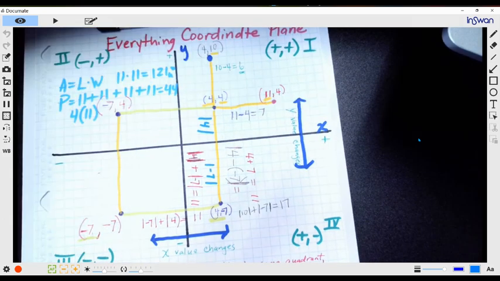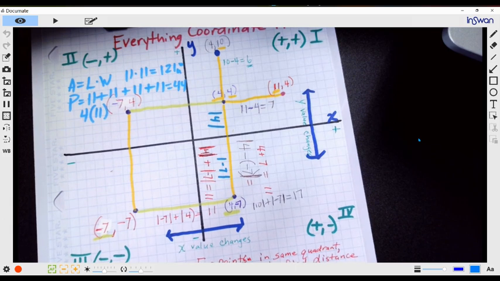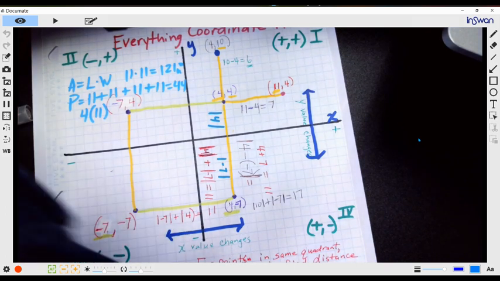Oh wait, I got one more thing I need to talk about, and I forgot about this. If I have a value in my coordinates that is 0, let's back up a little bit.